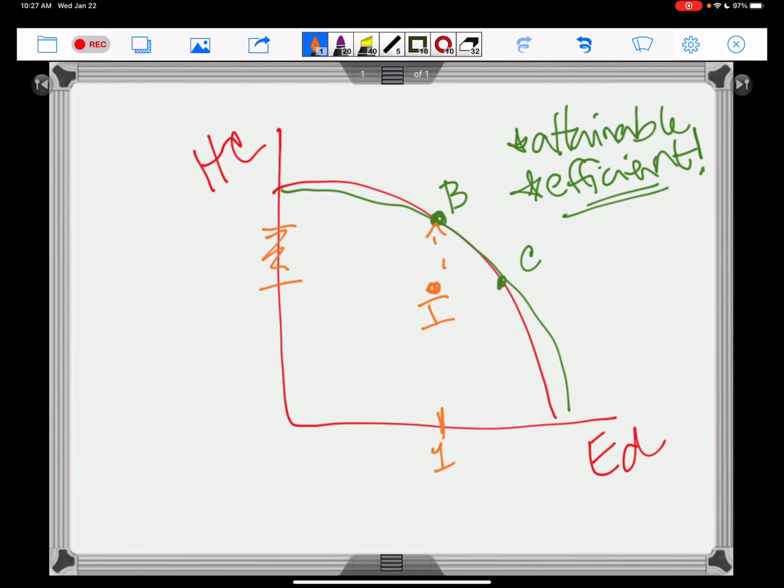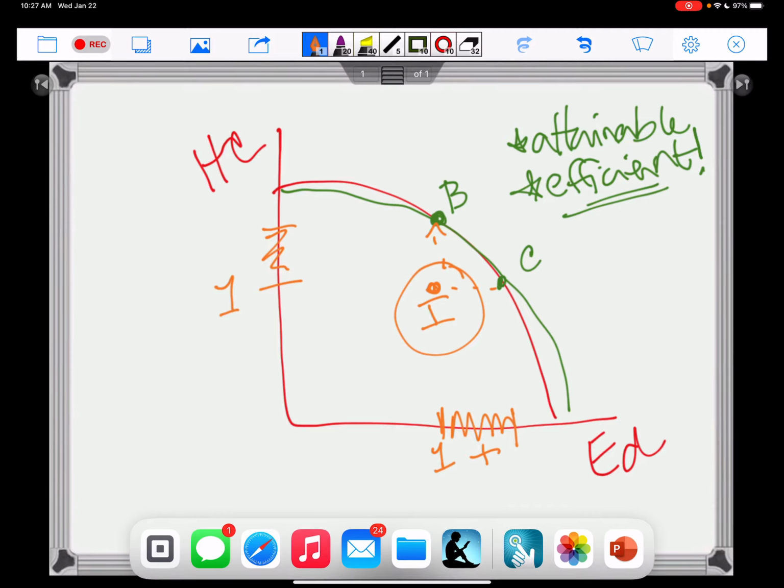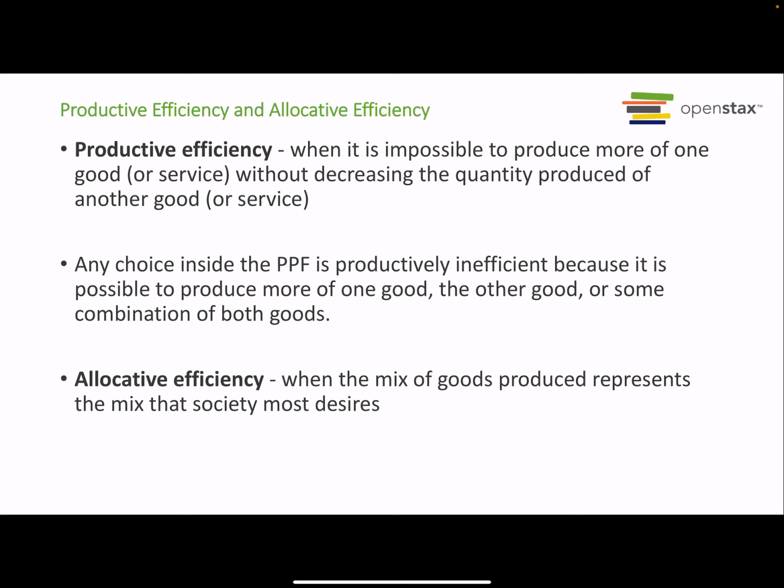Or I could stay at 1 unit of healthcare, but I could gain some education. Inefficient production there at point I.